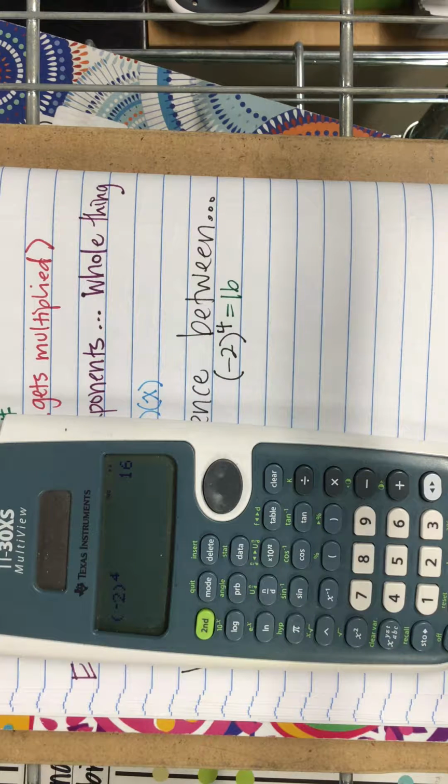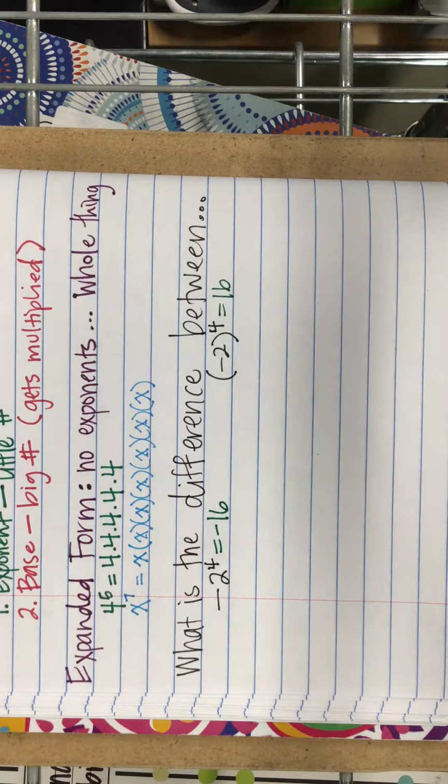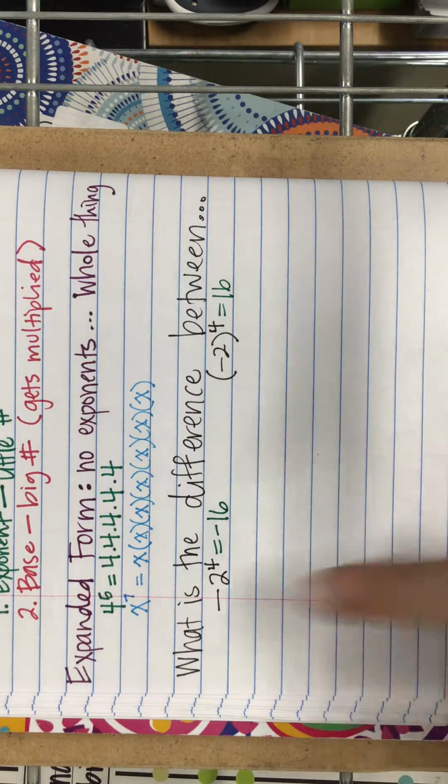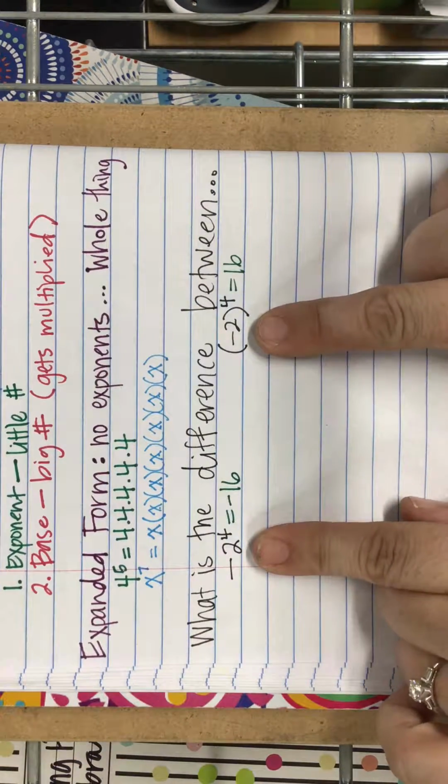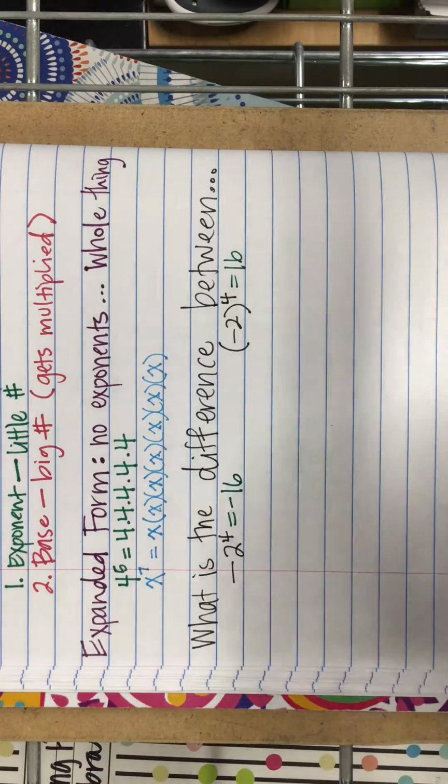If you say -2 to the 4th and (-2) to the 4th, they read as the same problem, but they have different answers, and here's why. The difference is parentheses. Ladies and gentlemen, here is the new piece of information that you have to tuck away in your brain.